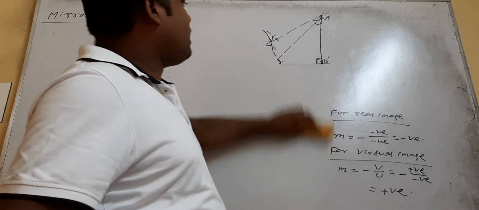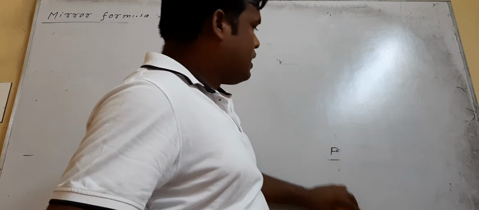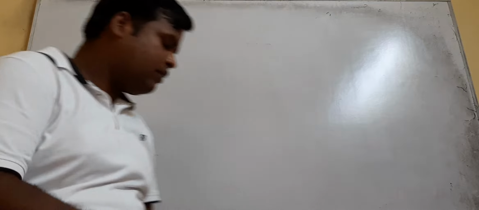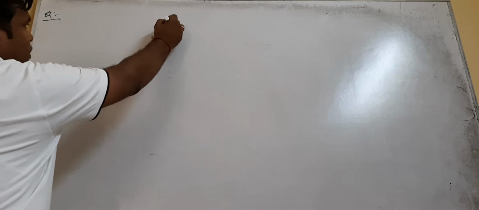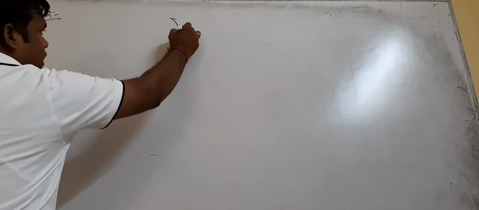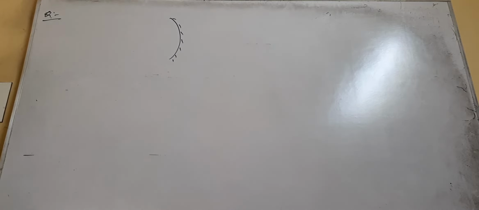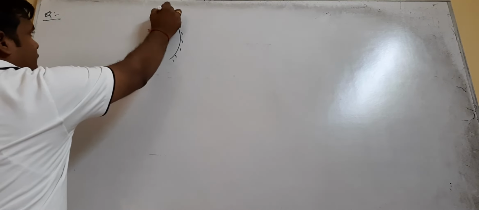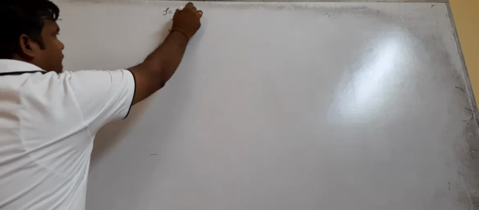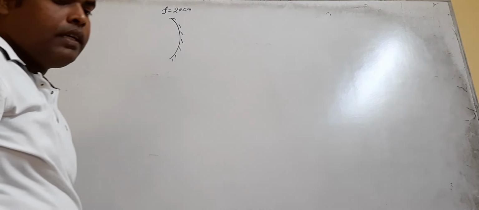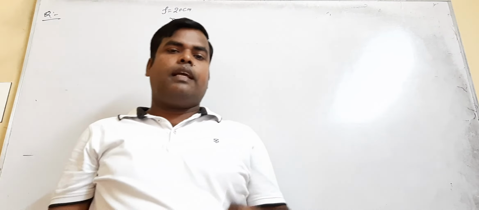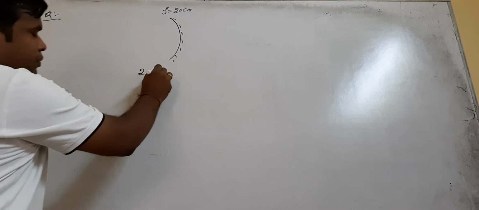So let us take one example. Suppose you have a concave mirror which has focal length 20 centimeter. It produces a real image of magnification 2.